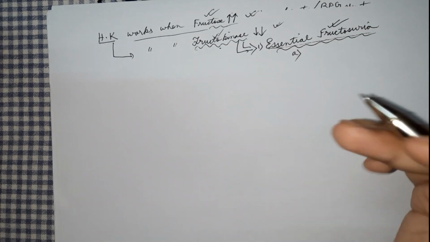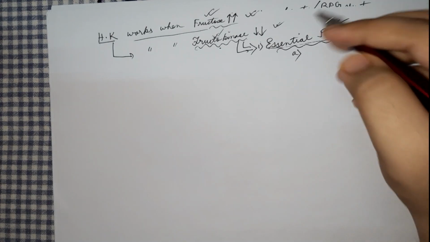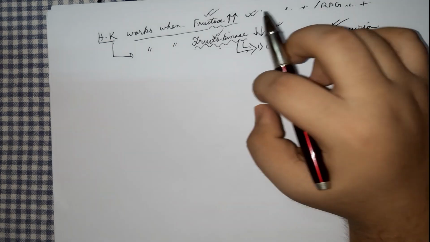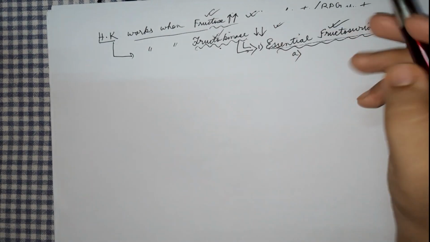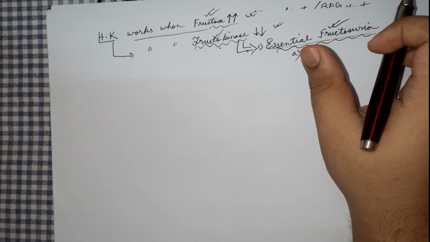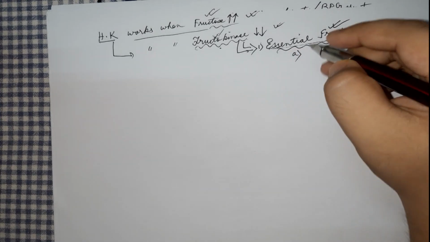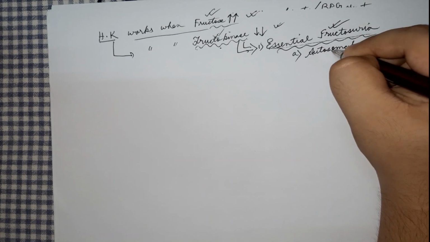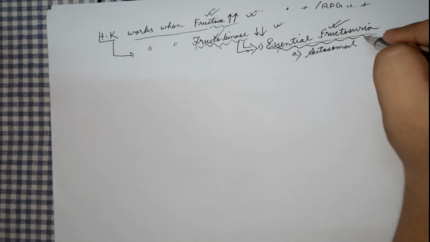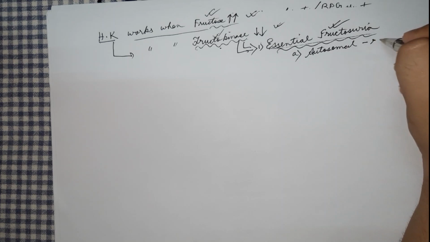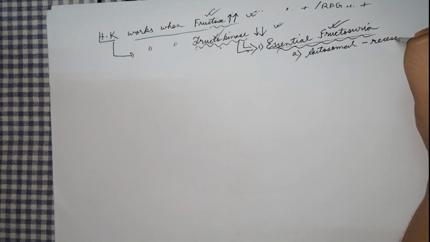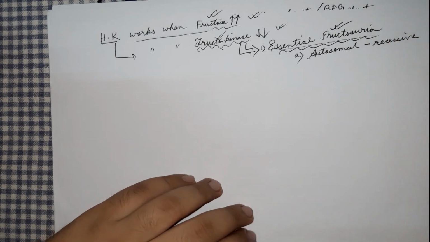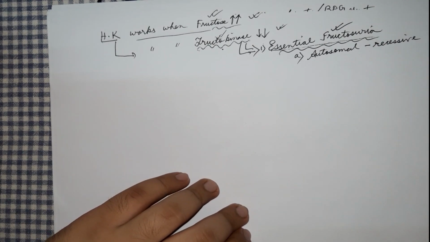That is a genetic problem. So if this is genetic, is this autosomal or is this sex linked in case of inheritance? The answer is this is autosomal. So this disorder is autosomal recessive. So it's not dominant, it's an autosomal recessive disorder.